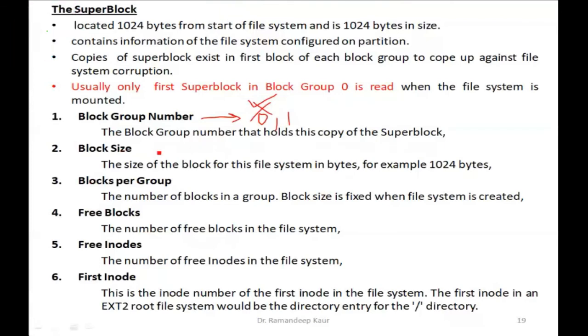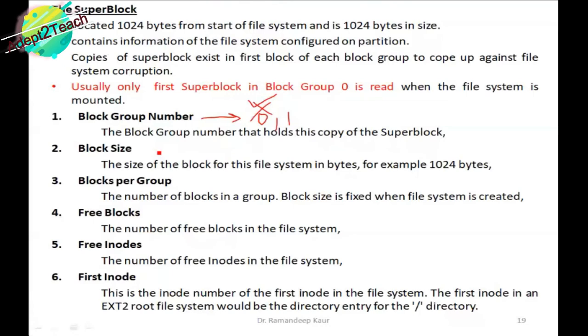The second thing is block size. Now, when a file system is loaded in any partition, the size of every block is fixed. So whatever block size is fixed for the entire partition, that block size is retained.